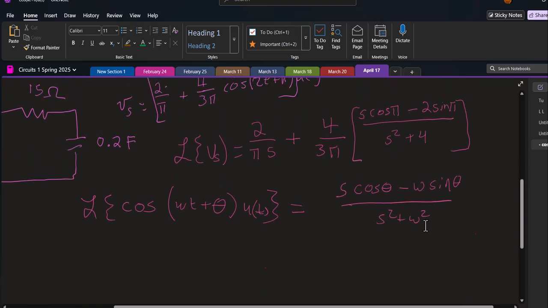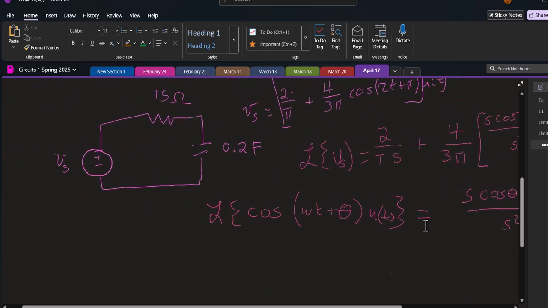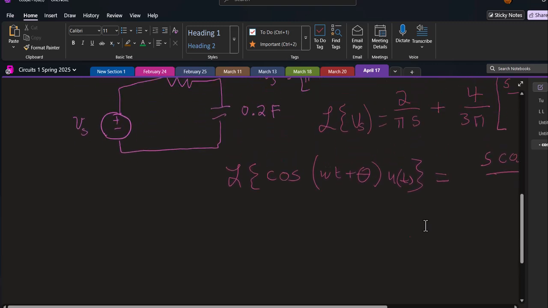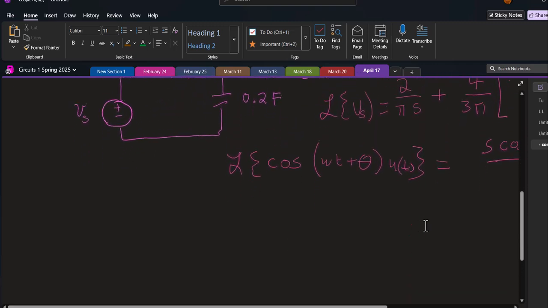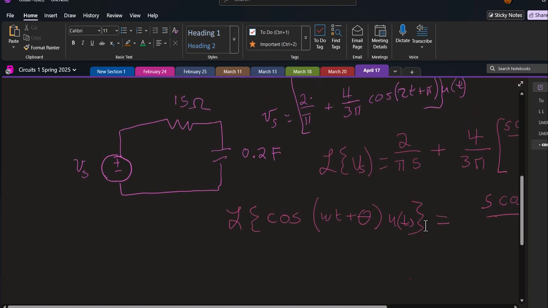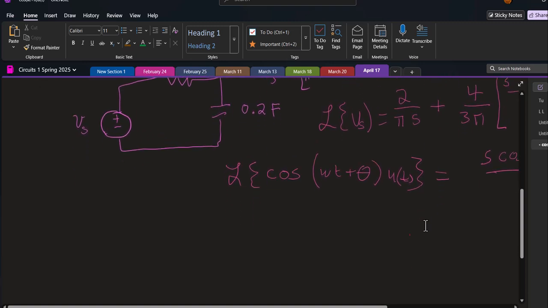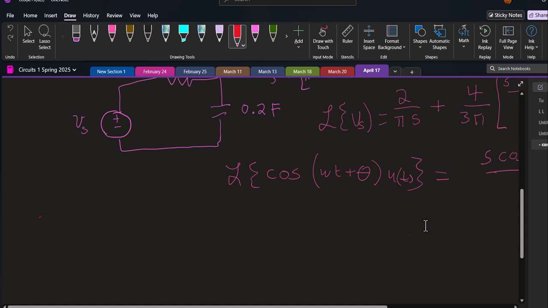Okay. All right, so now we've got the Laplace transform of our voltage source. Can you read it out to me? So it's 2 over pi s plus 4 over 3 pi, then big bracket, s cosine pi. Okay, what's the cosine of pi?